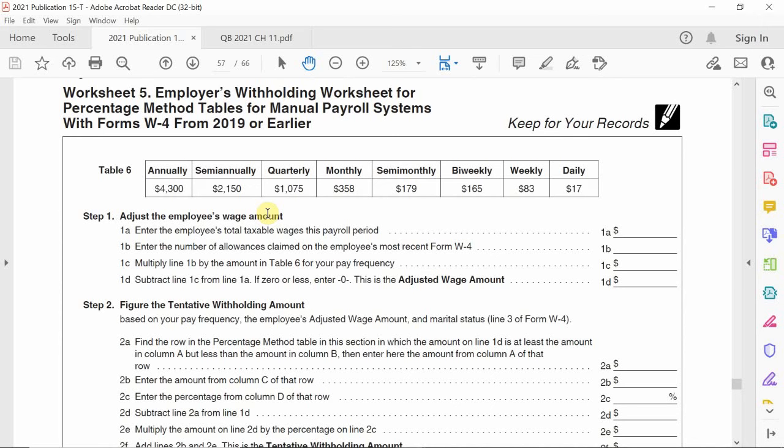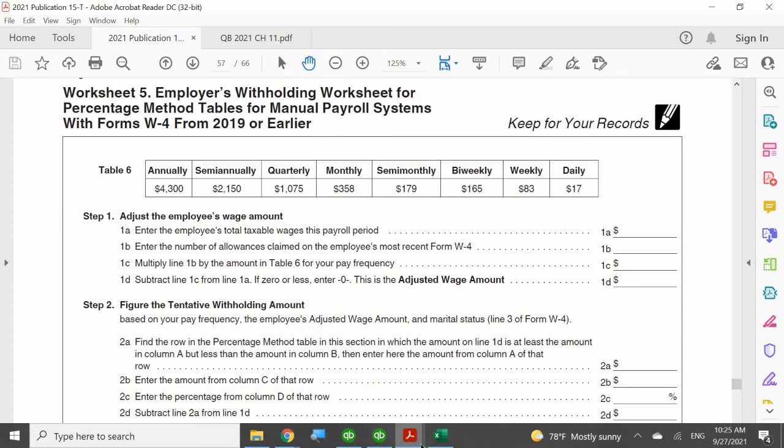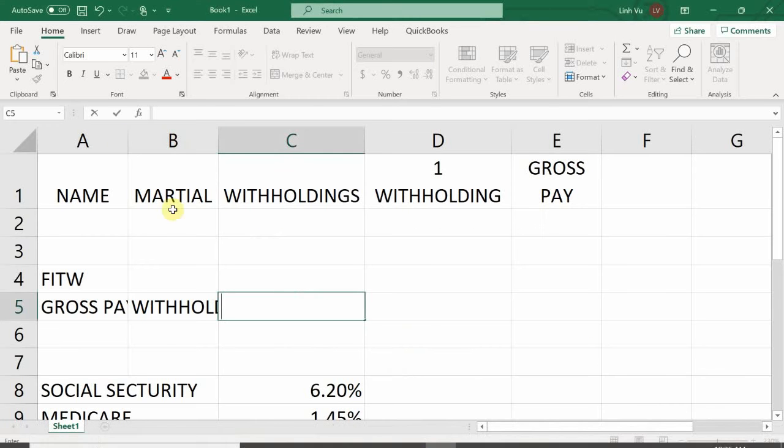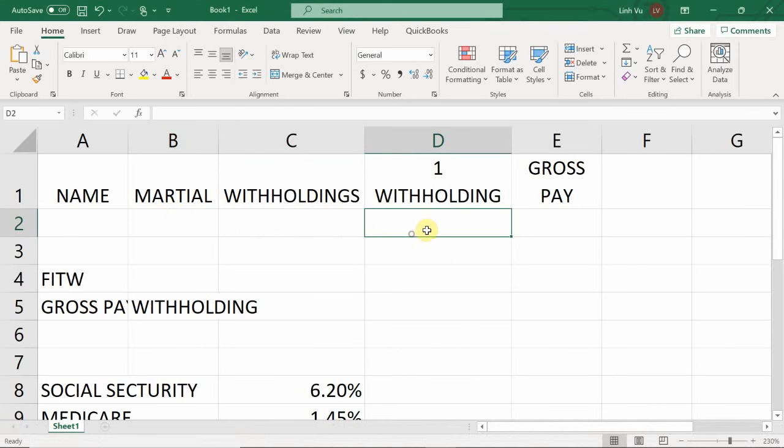So in this case, right, one withholding, right? Since we pay her twice a month, so she's under a semi-annually, right? So therefore, she's going to be subject to $179 per withholding. Okay, so I'm going to make that note in my Excel spreadsheet over here, right? That one withholding is going to be $179.